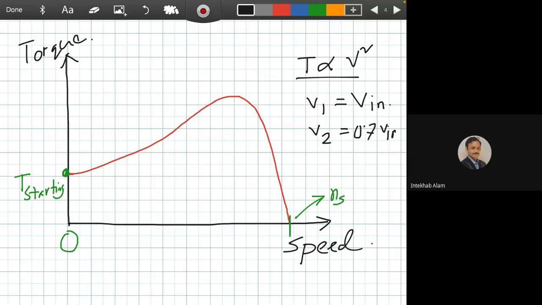Is it okay? We are considering two voltages. So V1 equals V in, and V2 equals 0.7 V in. Do you agree? So torque 1 will be the same as the usual torque.